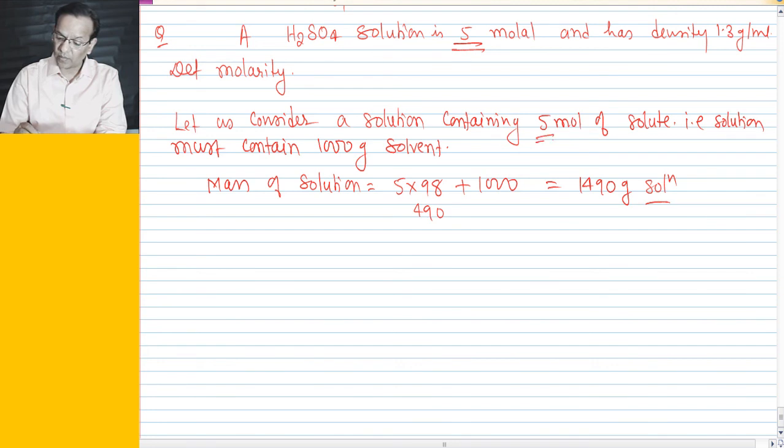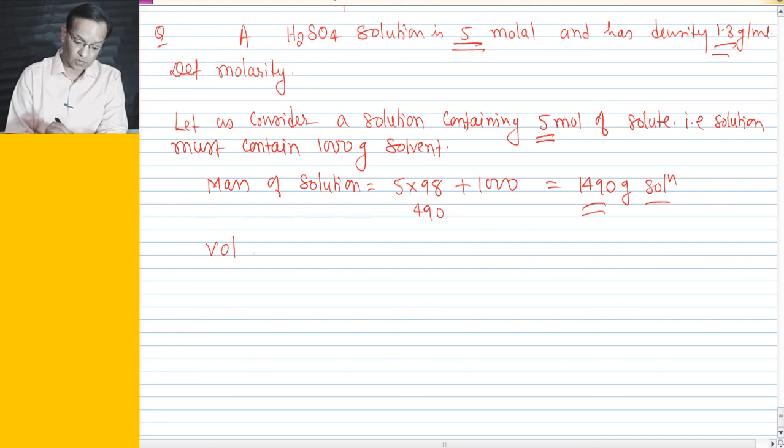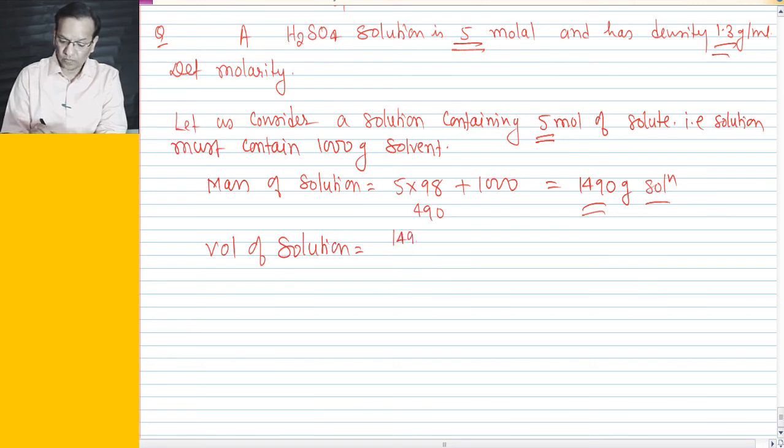Now this solution contains 5 mole, density is 1.3. So we can determine the volume of this solution. So volume of solution will be 1490 divided by density 1.3. So if we calculate it, it comes out to be 1146 milliliters.